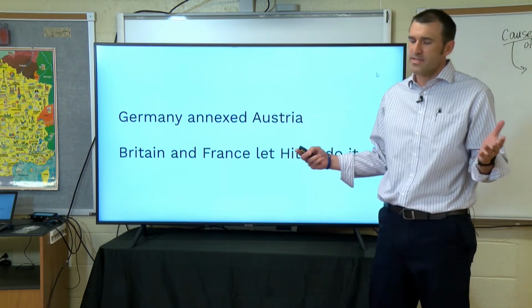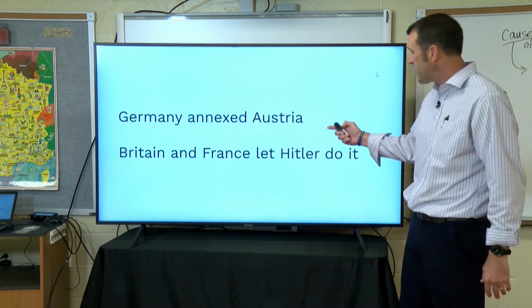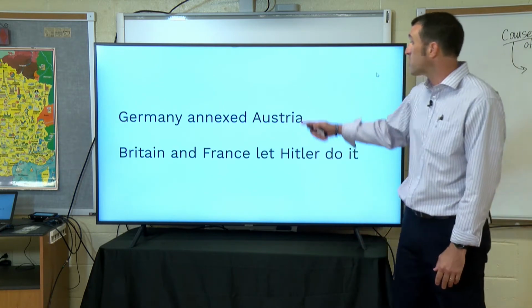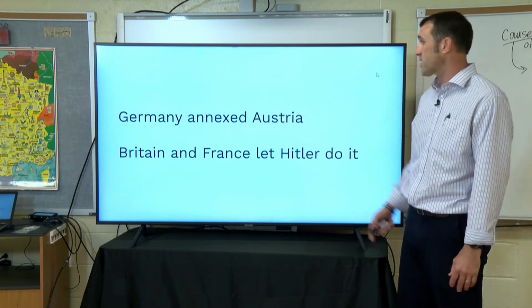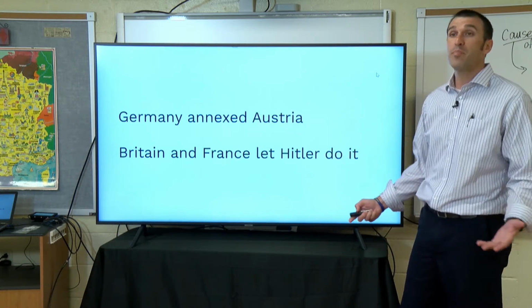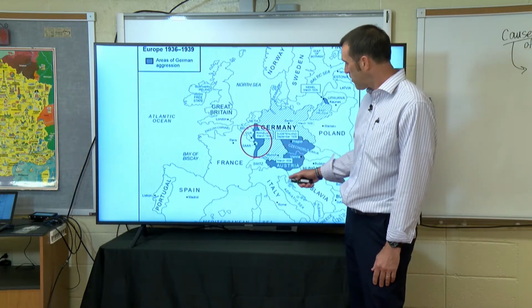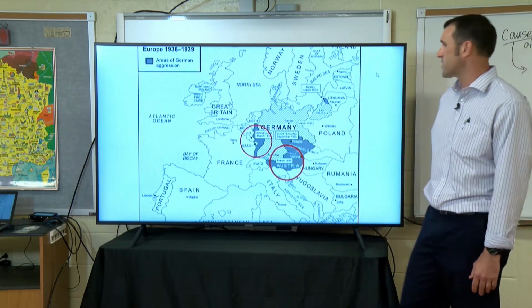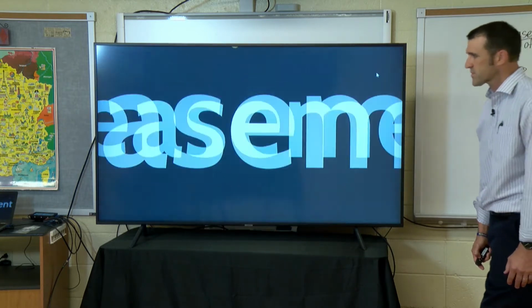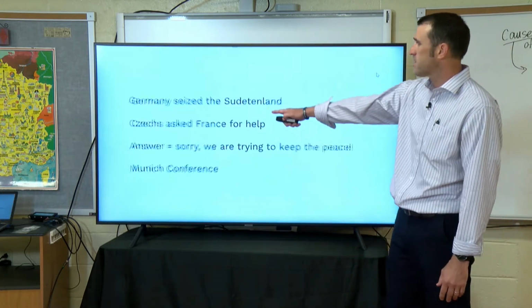Now, Austria wasn't necessarily upset about this. There were a lot of German and German-speaking people in Austria that identified with Germany, but it was against the Treaty of Versailles, and they just moved in and annexed it anyway. Britain and France, appeasement, let Hitler do it. And so now they annexed Austria, beginning to expand, right?